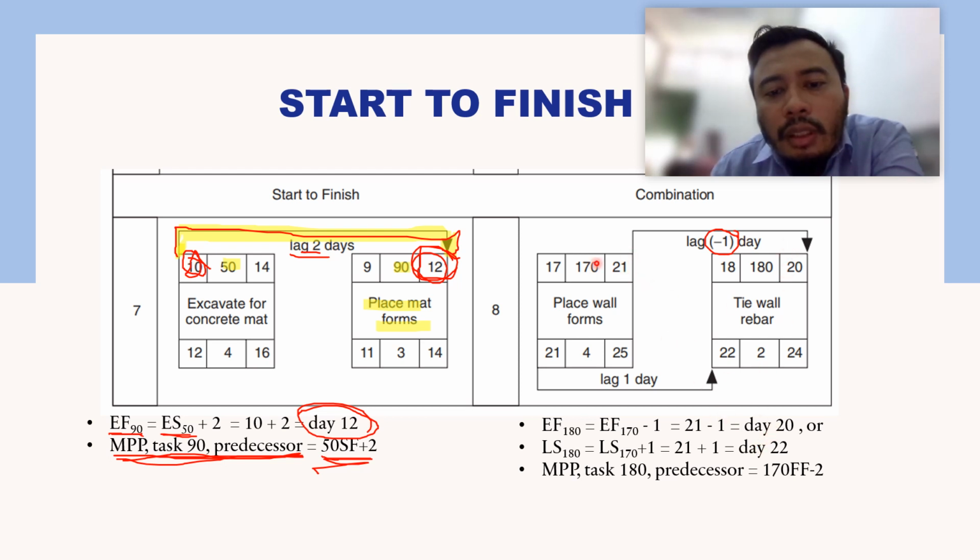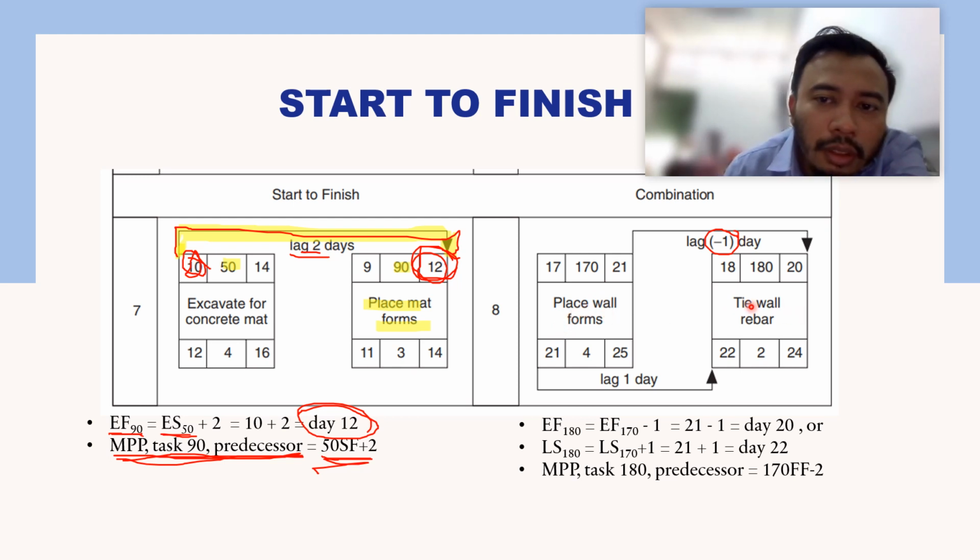So at day 20, place formwork will finish, and tie wall rebar will finish on the next day. You need to finish tie wall rebar first before finishing the place wall forms. So you finish the rebar first, and then you cover up with formwork.